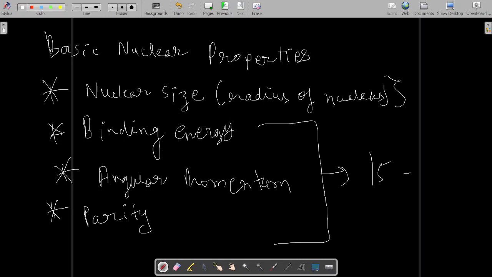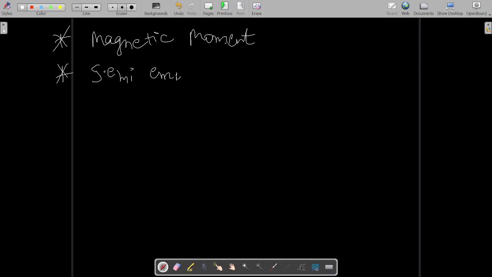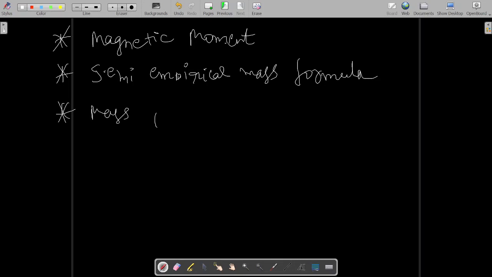Then we have magnetic moment, then the semi empirical mass formula, then mass parabolas. The last topic will be mass parabolas.